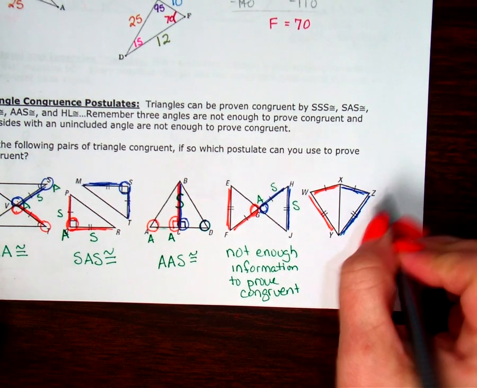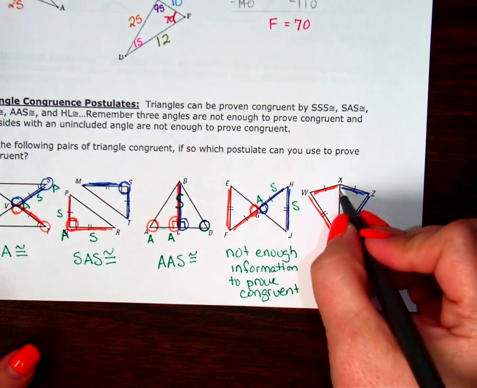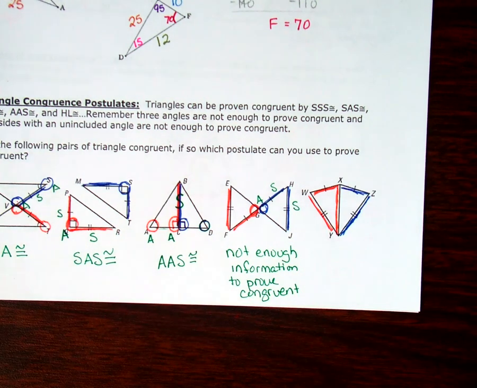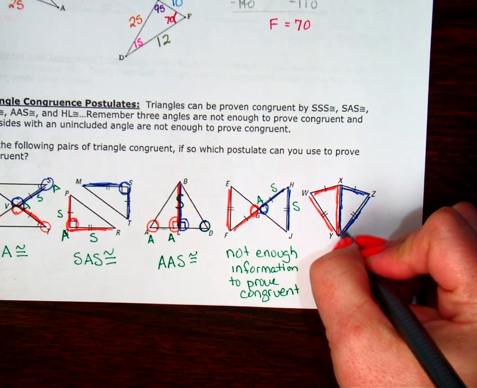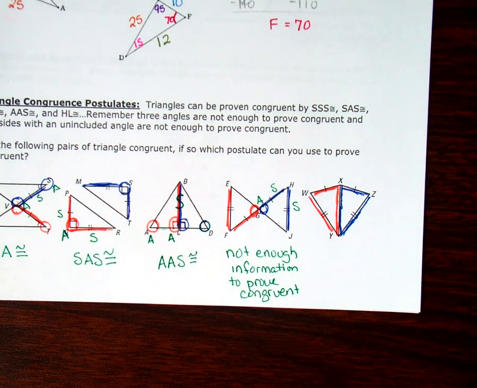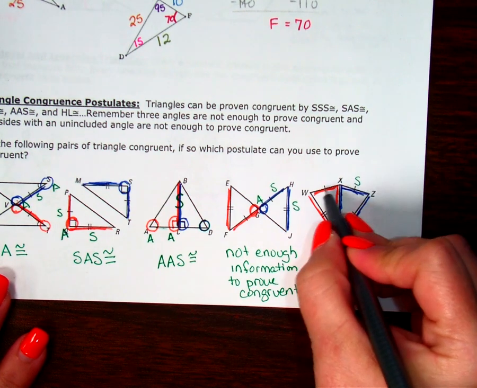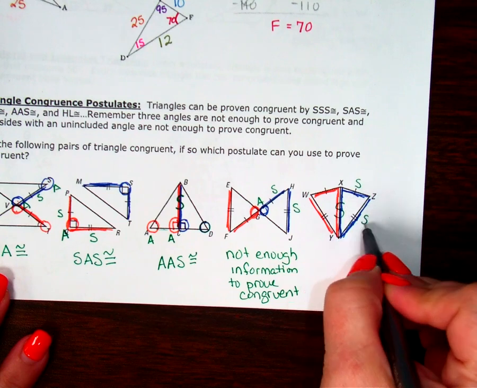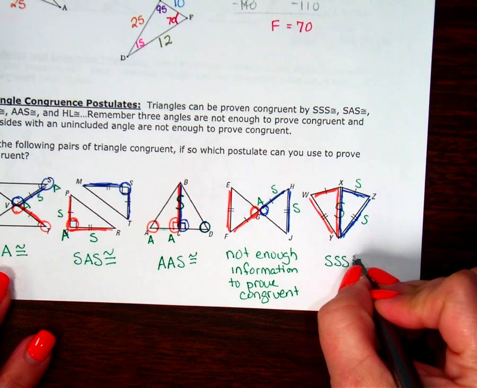And that's all that's marked for me in the picture, but just like over here where I have the shared side, the distance from X to Y is the same for my orange triangle as the distance from X to Y in my blue triangle. So that also matches. So if I label my blue triangle, I have a side that matches, a side that matches, and a side that matches. Those three sides mean we're using side, side, side congruence.